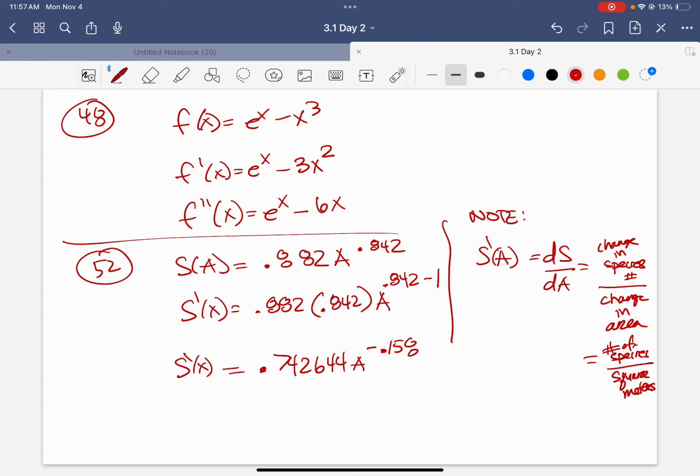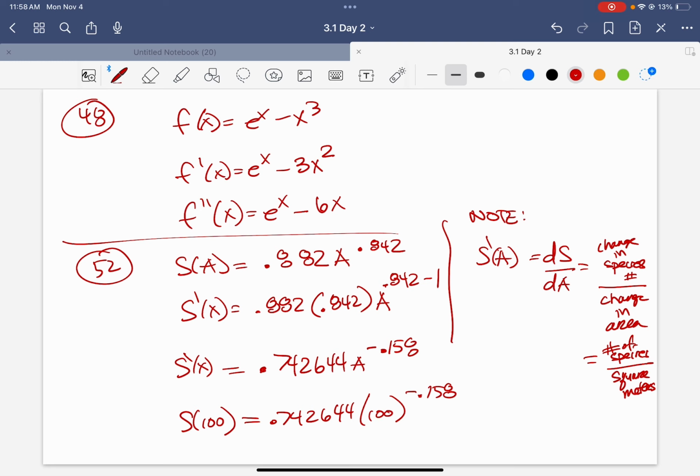That's my derivative. And so S prime of 100 is just going to be 0.742644 times 100 raised to the negative 0.158.